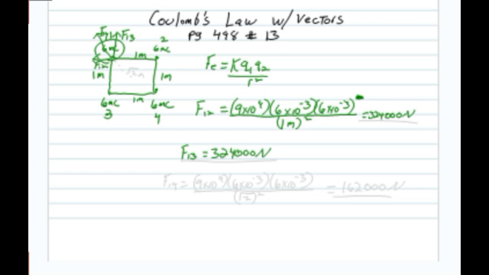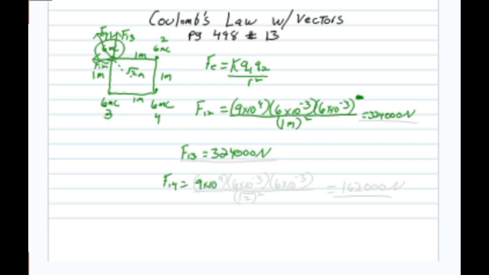Now, F14, though, is not going to be the same because the distance is different. So we have to find this distance here. Well, if you think about it, it's a right triangle with 2 legs, each of side 1 meter. So you can use the Pythagorean theorem and end up with this distance being the square root of 2 meters, which is 1.4. In any event, we calculate F14.